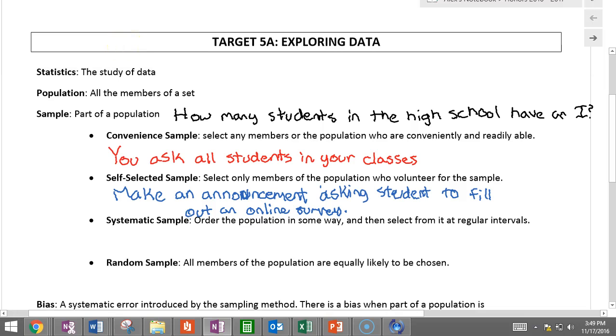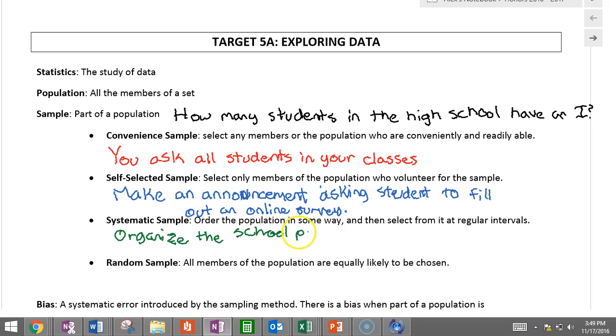For example, if I organize the school population by ID number, then choose every 10th student. Every 10th student. Okay? That's systematic, right? And just organizing and choosing.